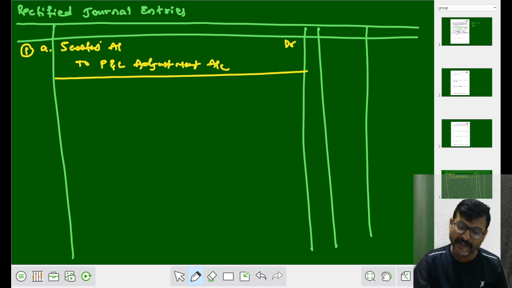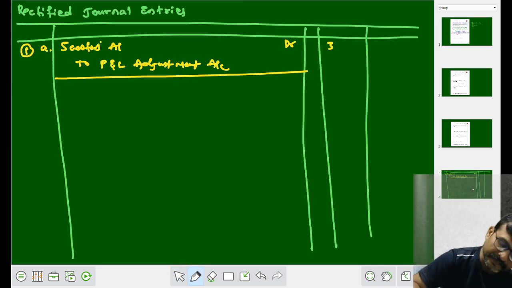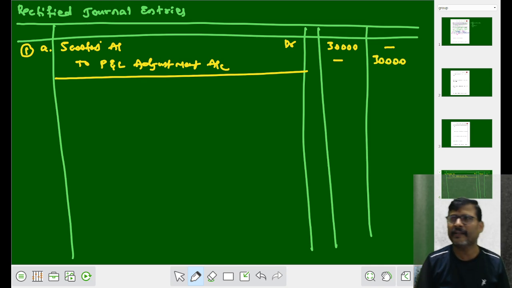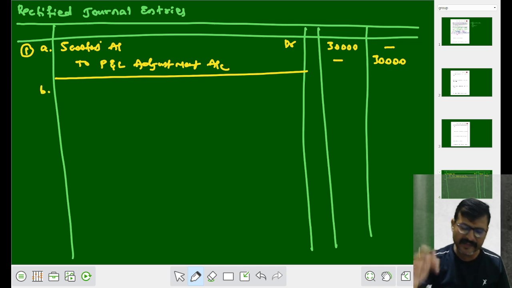How much amount, my dear students? It is an amount of rupees 30,000, right? Being wrong debit to conveyance account is rectified. Wrong debit to conveyance account is rectified.